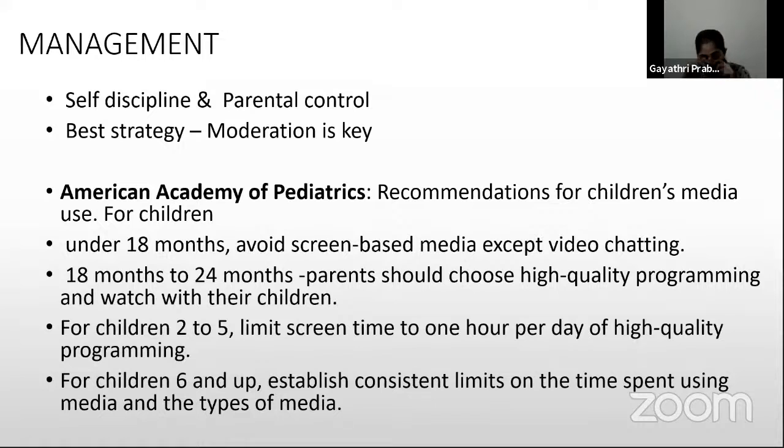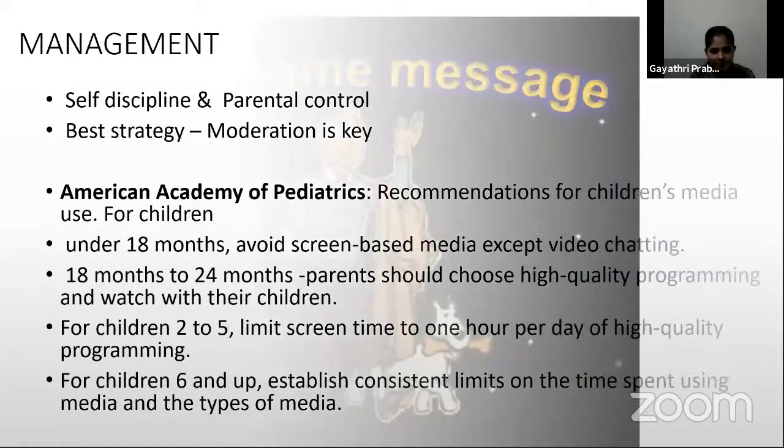It is less than 1 hour per day, and parents should have an idea as to what content they're viewing on the screen as well, and make sure they're sitting a little far away from the screen. For 6 years and up, they've not put a cap on the amount of hours per day, but they definitely ask you to keep a consistent check of what the kids are doing.